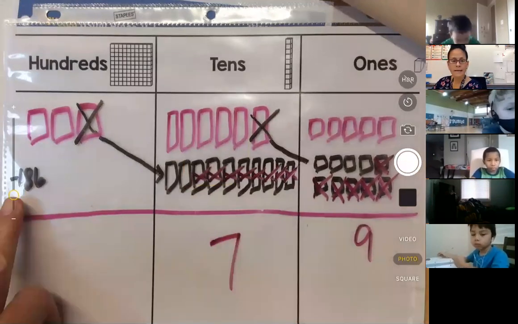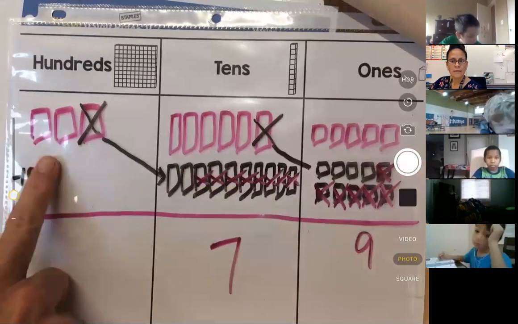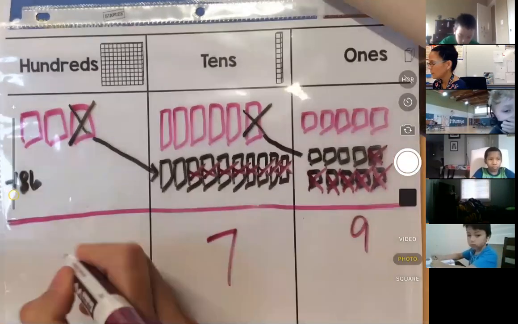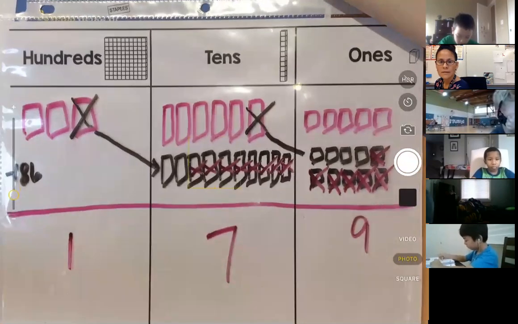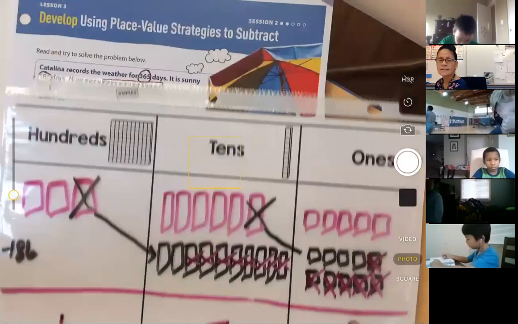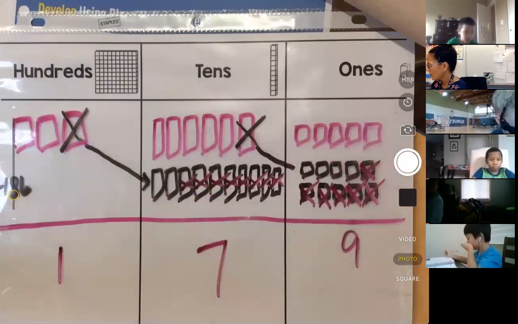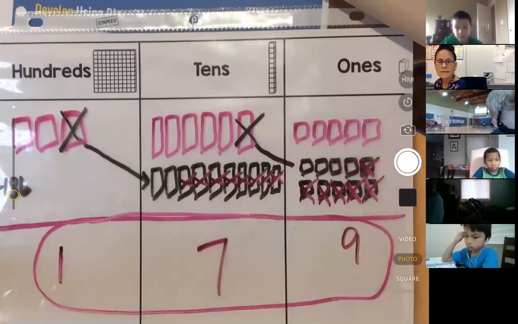Can I take 1 away from 2? I certainly can. And I'm left with 1. So the difference between 365 and 186 is 179.